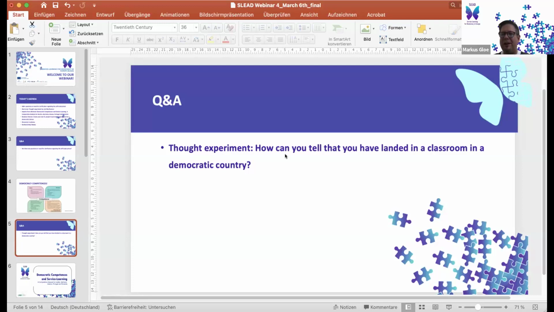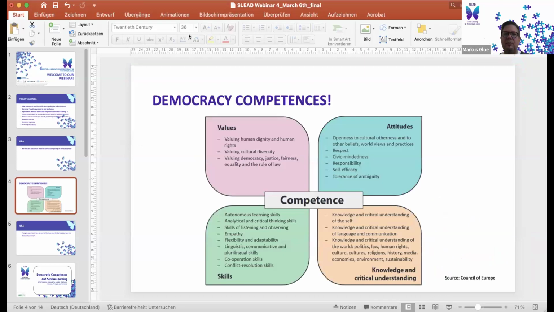They just have to follow the rules and not think about anything, just do what they are told to do. And then we have these connections to the 20 competencies of the RFCC, that citizens in democratic societies should be able to have these 20 different competencies, regarding your idea or your concept of democracy.